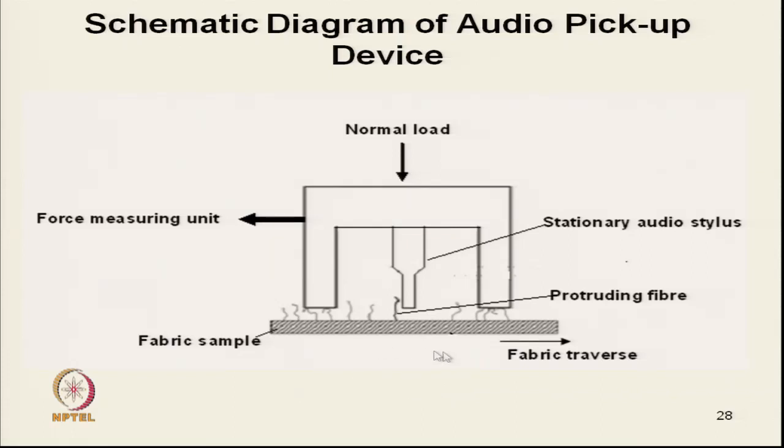Now, this is the fabric sample with protruding hairs. It has two sensors, one of which is a stationary audio stylus. Basically it measures the number of hairs here and the bending force.